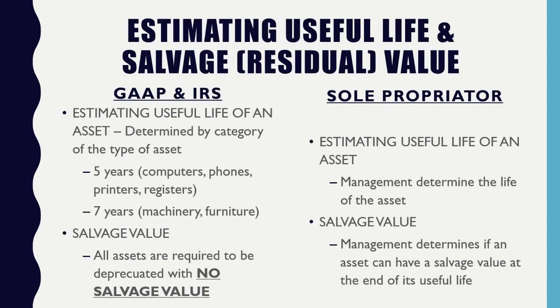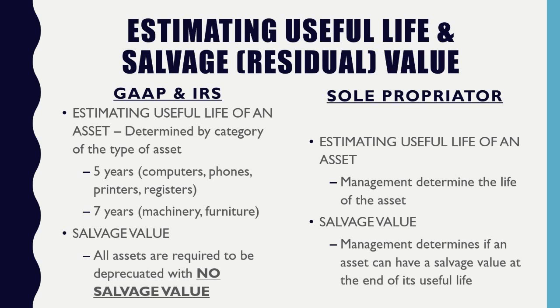Then we're going to talk about estimated useful life and salvage value. Now, there are two rules that you need to know here. Under Acct, as a sole proprietor, you get a little more leniency than a business organization that is a corporation.